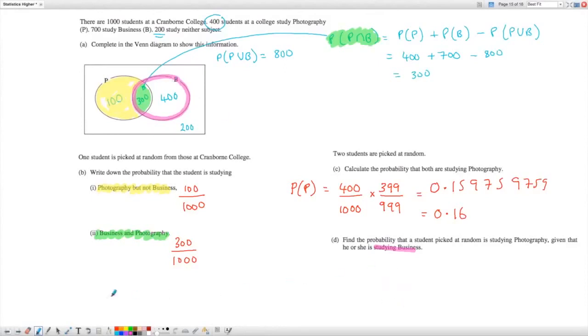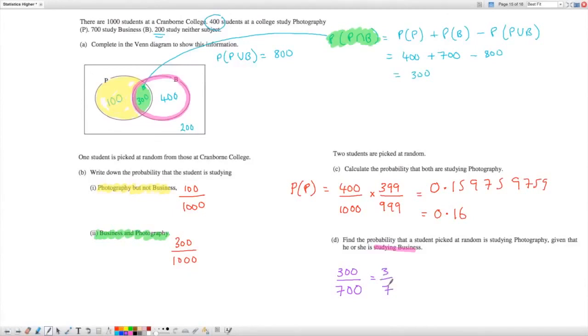Therefore, out of this circle, we are looking at our probability out of 700. The number that studied photography is the 300 out of the 700, which is equal to 3 over 7.